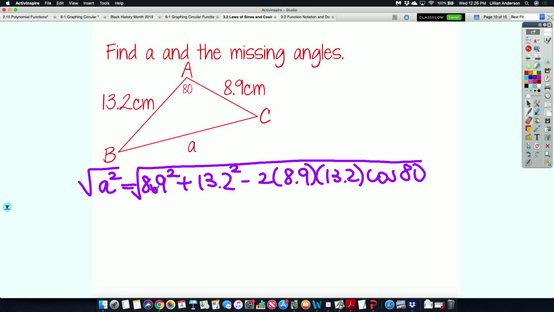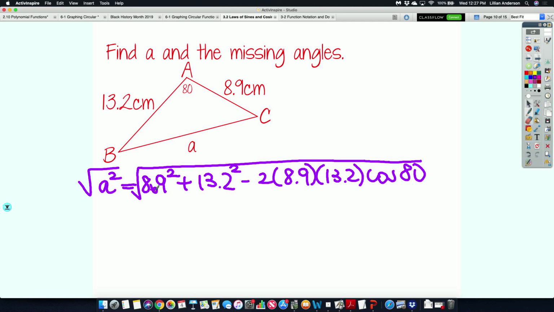Once you type in this whole line, you can type in that entire line all in one. If you want to, you can put the square root over it and get your answer, okay? But the one thing you cannot do is square 8.9, add it to 13.2 squared, and then subtract it from whatever 2 times 8.9 times 13.2 is.